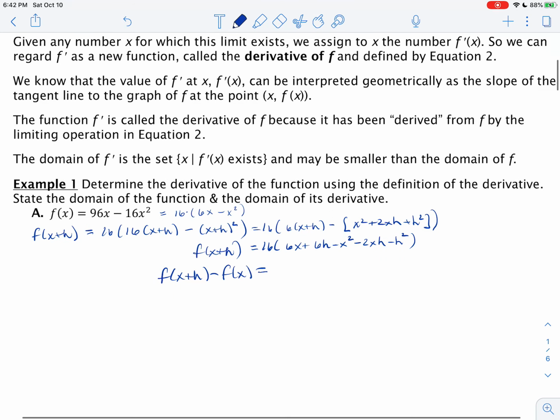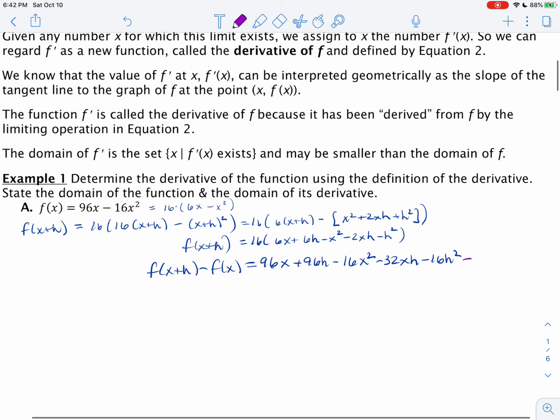If I go ahead and multiply through by that 16, I'm going to get 96x plus 96h minus 16x squared minus 32xh minus 16h squared, and now I'm going to subtract f of x, and f of x is 96x minus 16x squared, so I'm subtracting 96x, and minus minus is plus 16x squared.